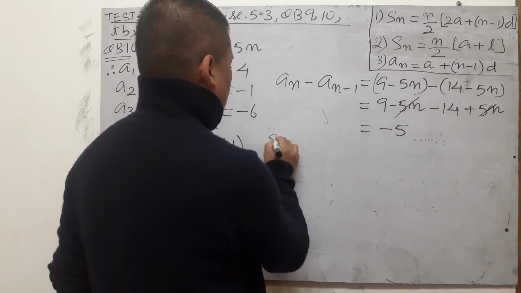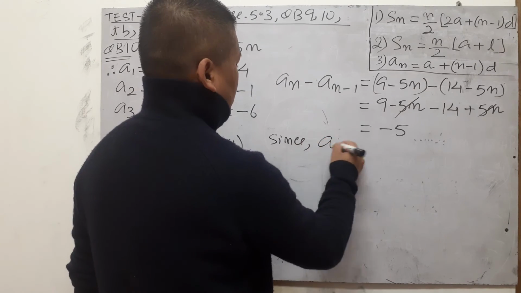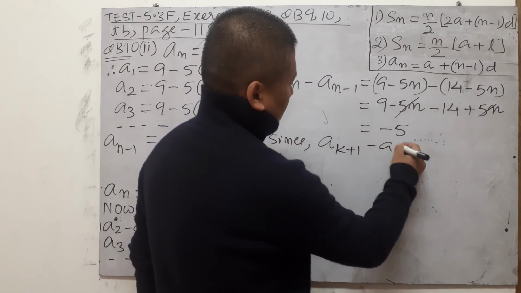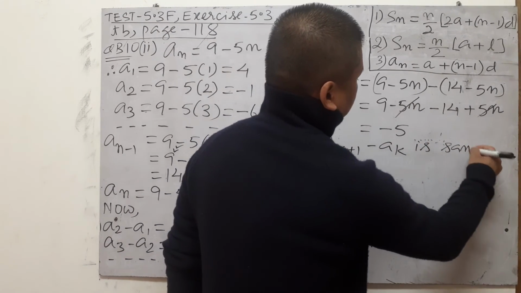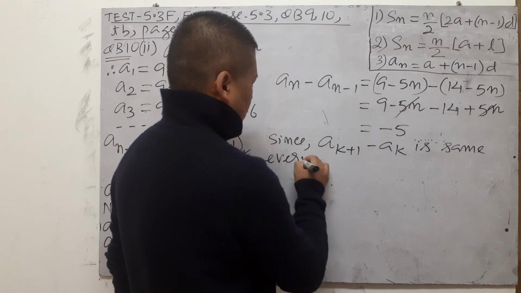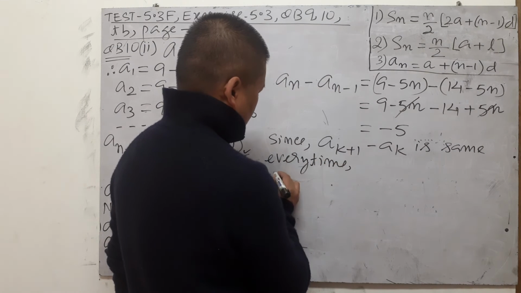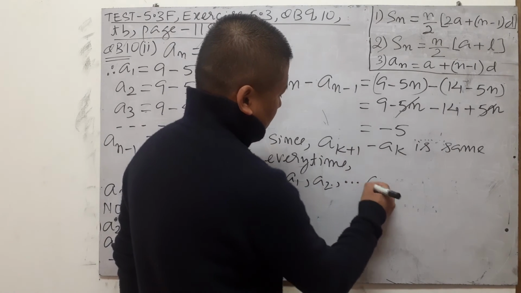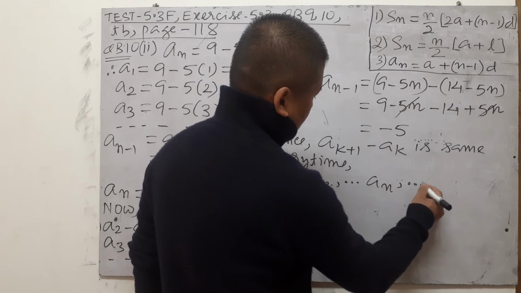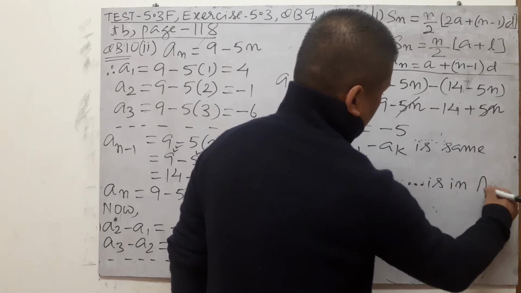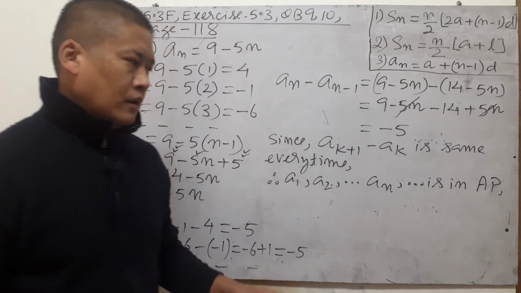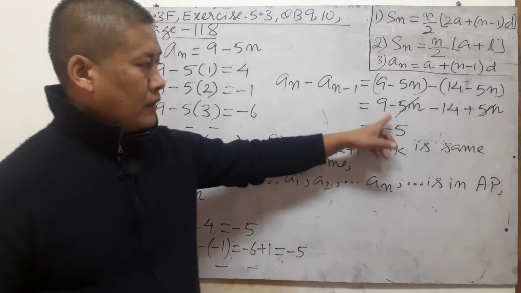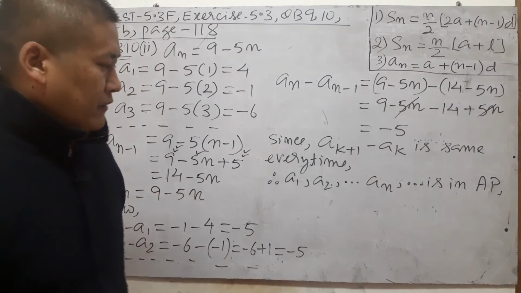So the general formula for common difference, we know, is AK plus 1 minus AK, and it is the same every time. Therefore A1, A2, and so on up to AN, is an AP very clearly, because the only condition for an AP is that they must have a common difference, and the common difference is here minus 5, the same every time.